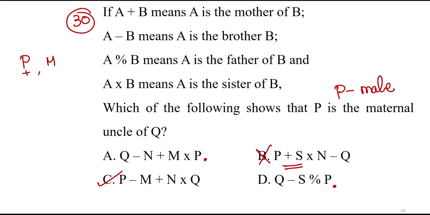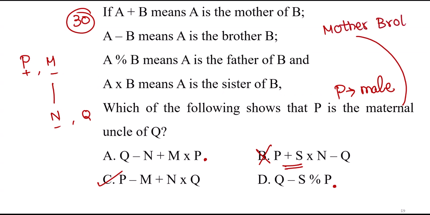M plus N means M is mother of N. N into Q, N is sister of Q. Mother's brother is P for Q. Q's mother is M. Mother's brother is maternal uncle. So fine, perfect, maternal uncle, mother's brother, perfectly suitable with option C. At the ending, if that letter P came, deciding gender is very difficult.